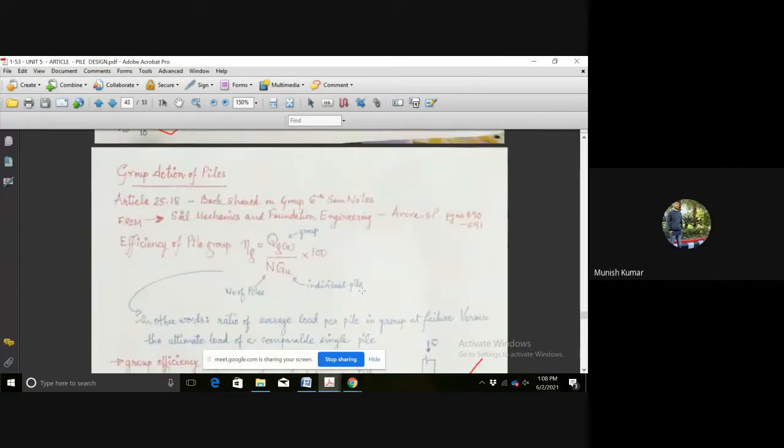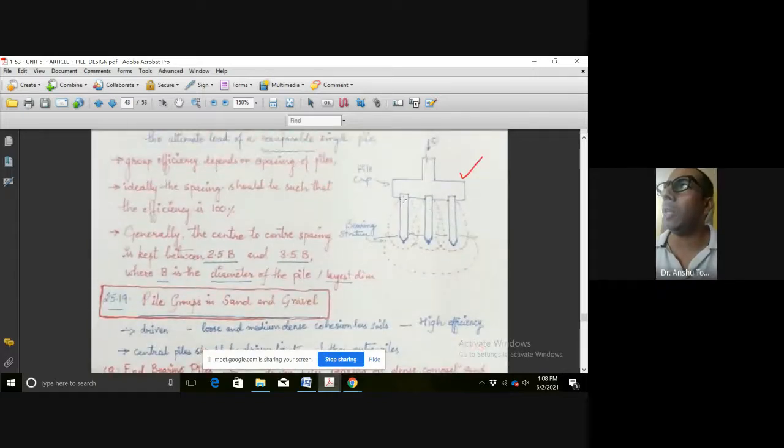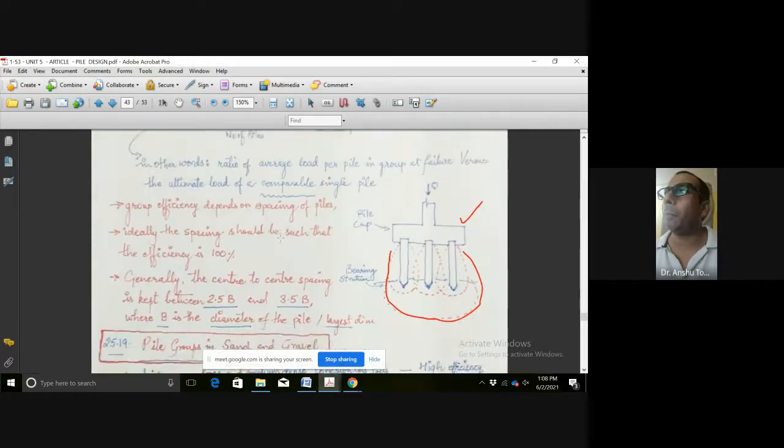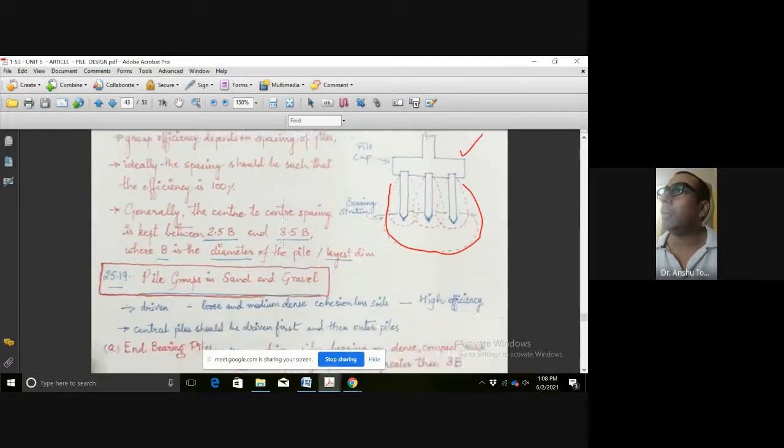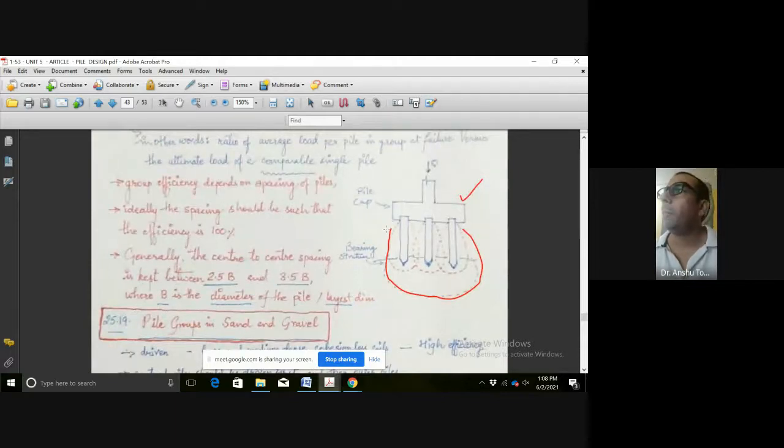Okay, sir. So we can see here all the individual piles have got their own individual bulb of settlement, or a behavior which is going to be affected. But if we take it in total, we have got this behavior as a whole. So that is why the group action is going to be evaluated based upon the block which is going to be affected. This is going to be a kind of block which is going to be affected.